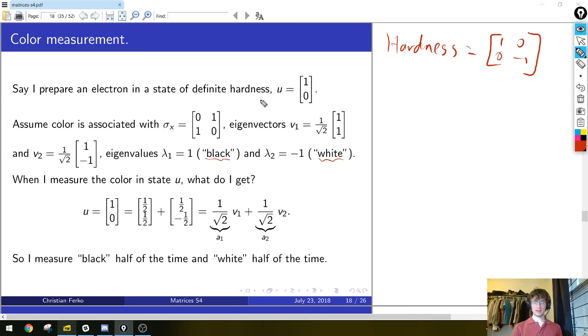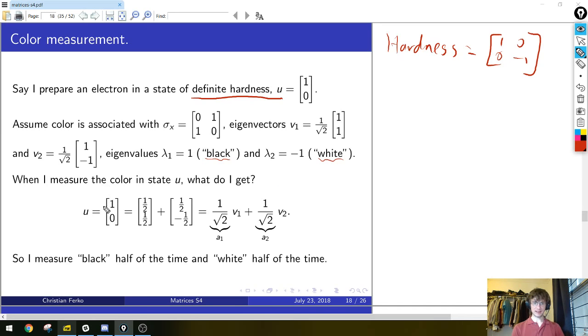So if the electron starts in a state of definite hardness, so this is the hard eigenstate, 1, 0, and I measure its color, to get the probabilities, I have to express this vector u as a sum of these two color eigenvectors.